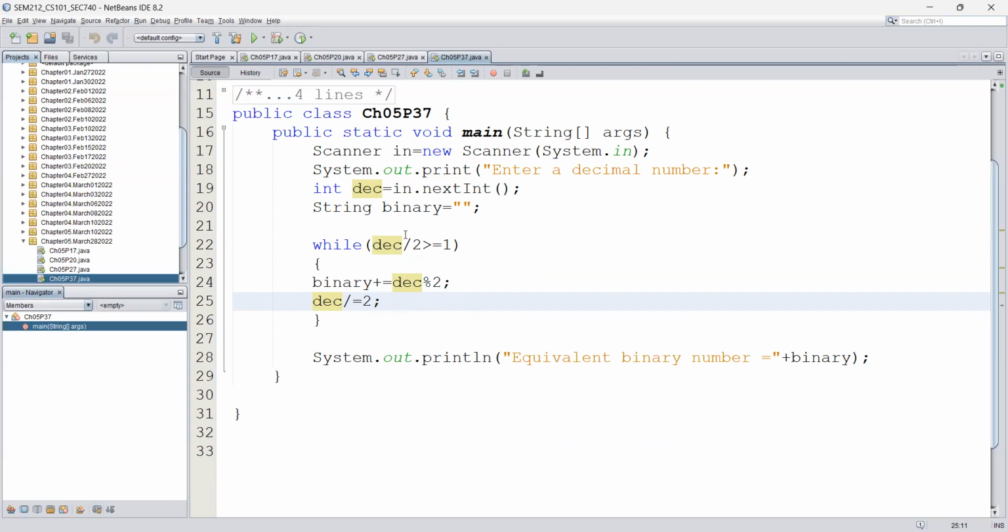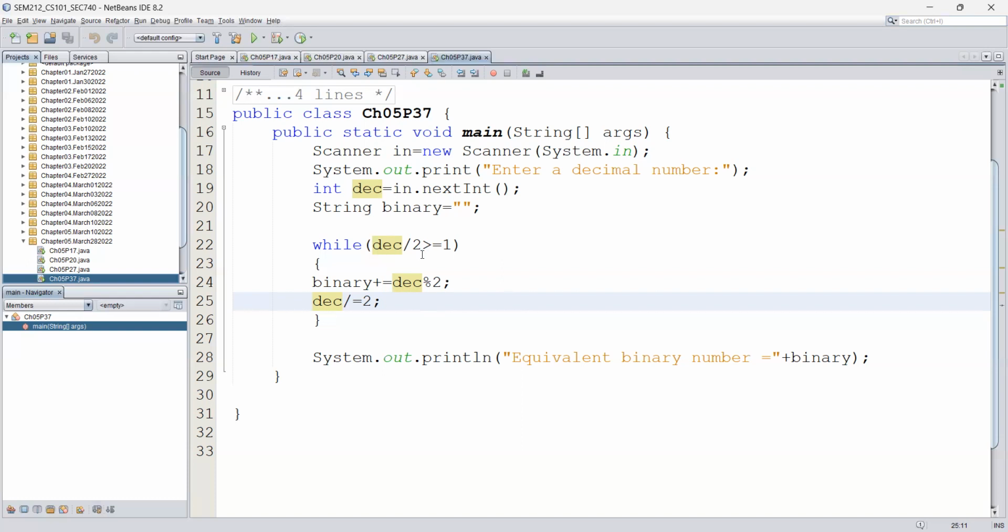Okay, it checks that if it is greater than 1, okay, goes inside. 8, 4 goes inside binary and decimal. Let's say 8 modulus 2 gives 0. Okay, 0, then 4.